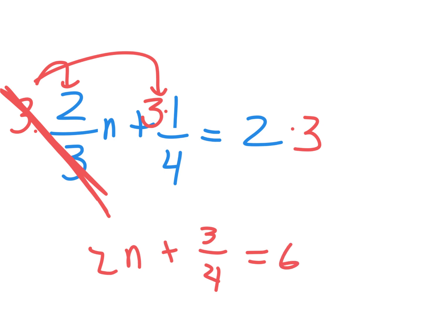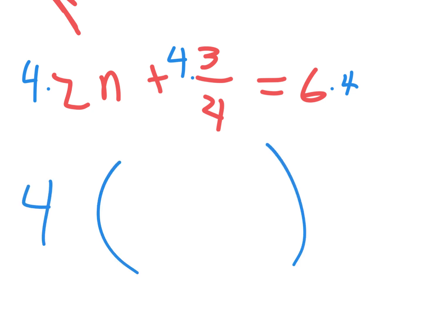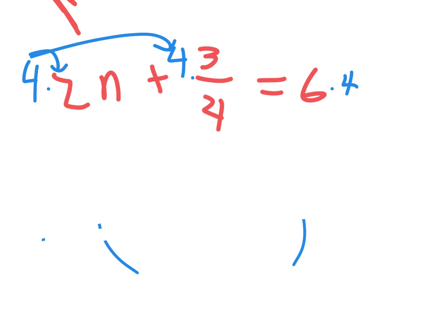And then now I got something else to get rid of, the 4. So now I times everything by 4. Some people don't get, why are you multiplying both of them by 4? Because it distributes. I could have put a 4 in a parenthesis around all of it, but it's distributing a 4 to this and that. Okay? And you just get rid of your denominators one at a time.